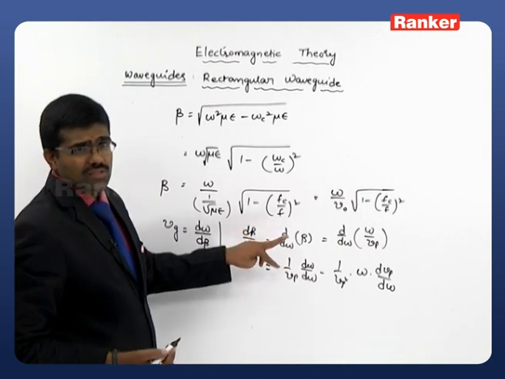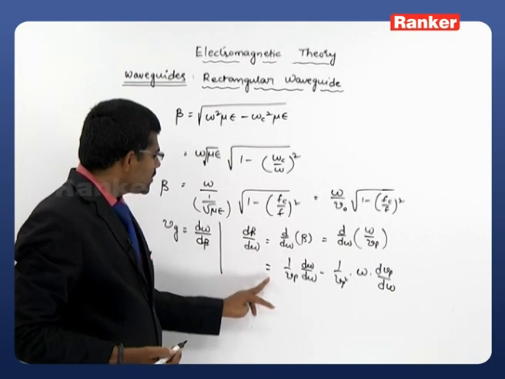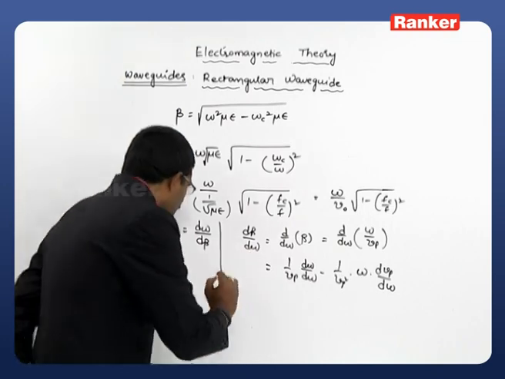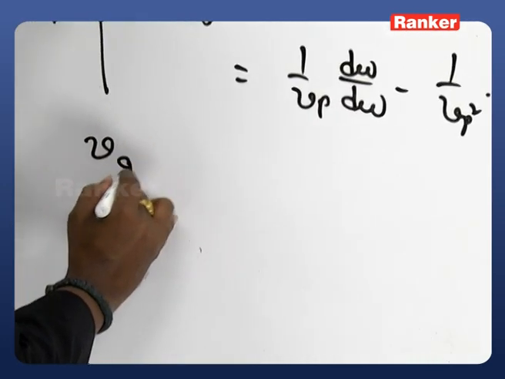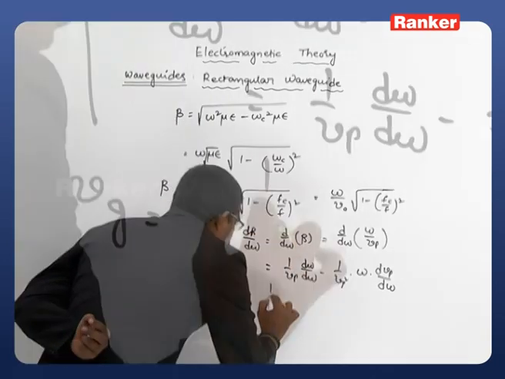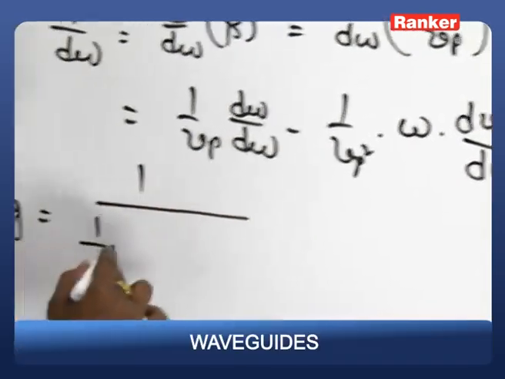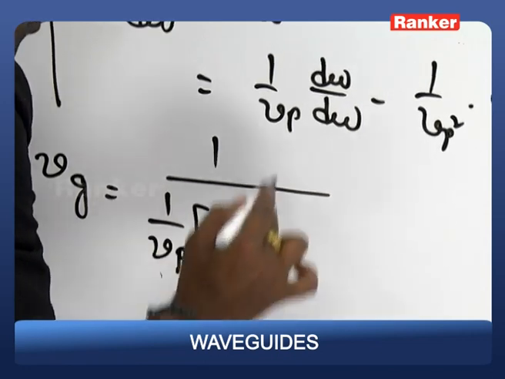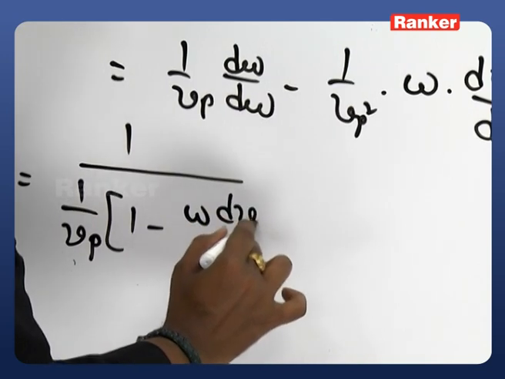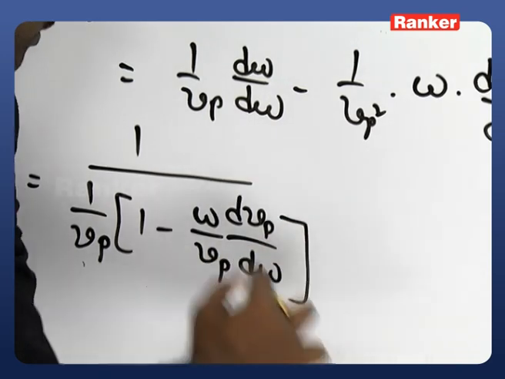Now swap this, just invert this. If we invert this, then d omega by d beta is nothing but the group velocity. So I'll write down this equation now. Vg, the group velocity, is equal to the inverse of this, which is 1 divided by 1 by phase velocity times 1 minus omega d Vp by d omega divided by phase velocity.